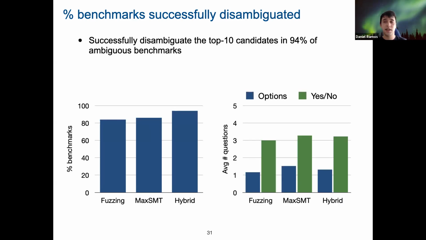This bar chart on the right shows the average number of questions that we have to ask the user to disambiguate the top 10 ranking programs. For the options interaction model, we just need to ask on average 1 question, and for the yes or no, 3 questions is usually enough.